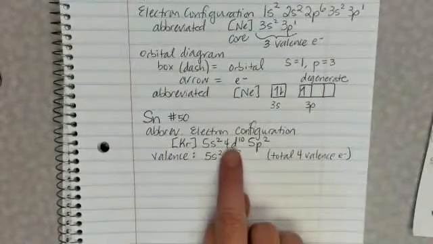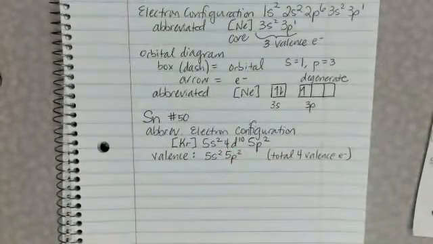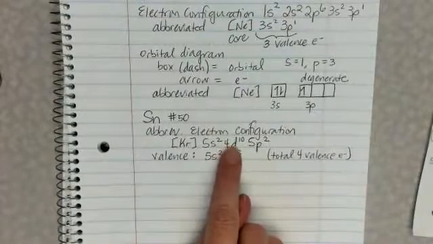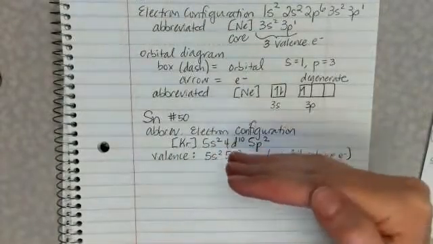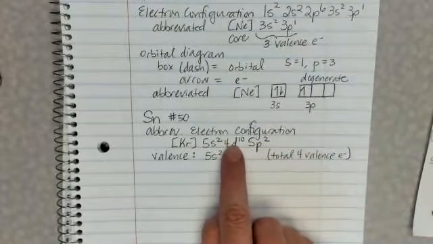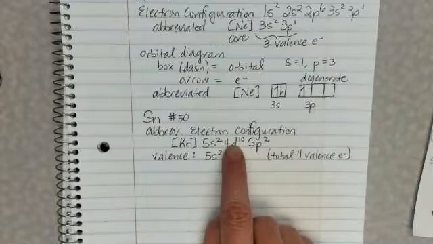So what happens with the d subshell and the f subshell also is if the d subshell becomes full, as it fills, it lowers in energy. And then once it's full, it actually becomes core. So a filled d or a filled f, those electrons become core.